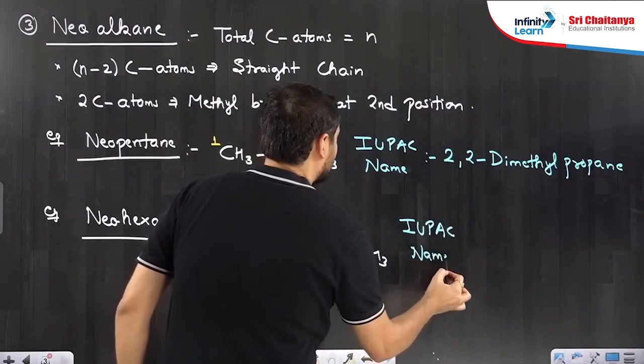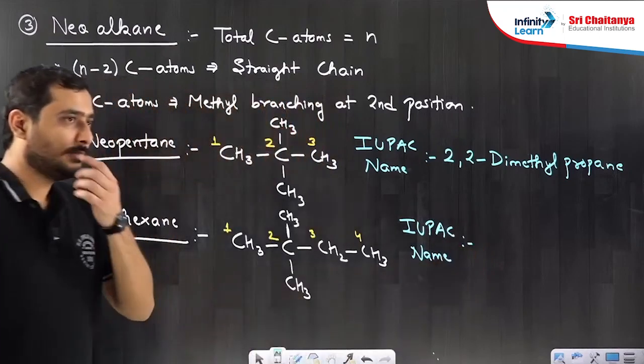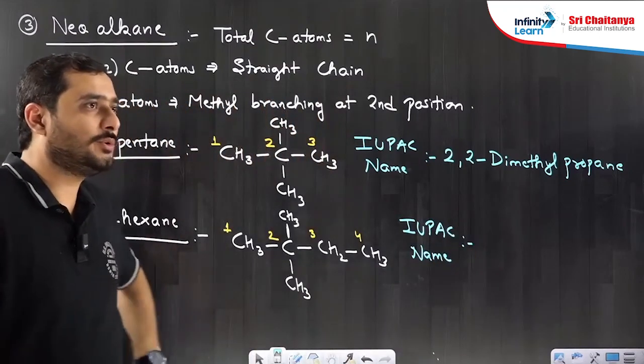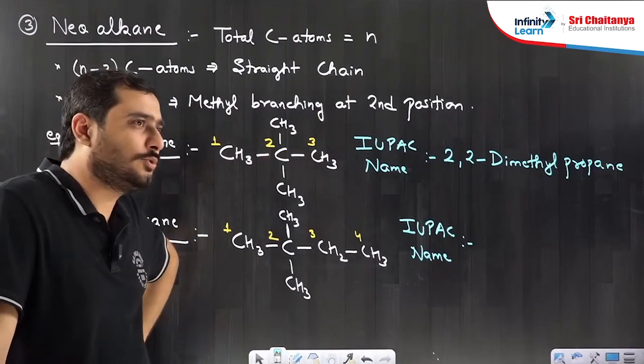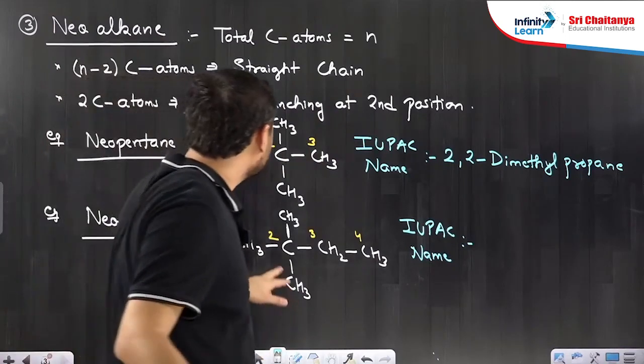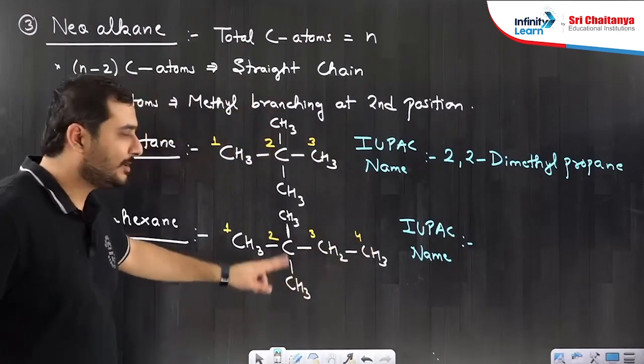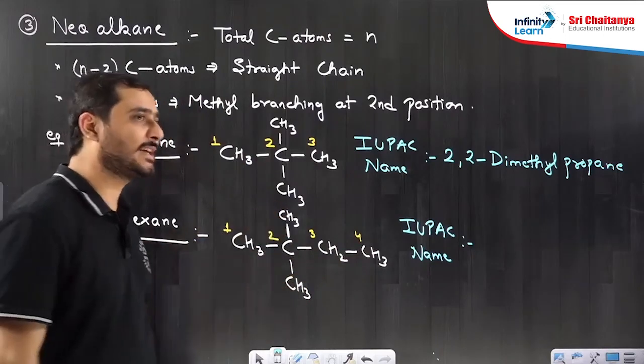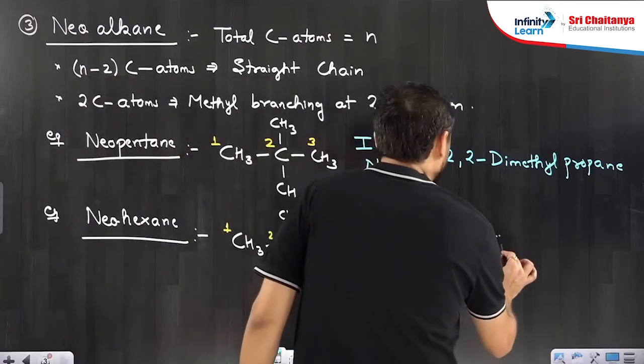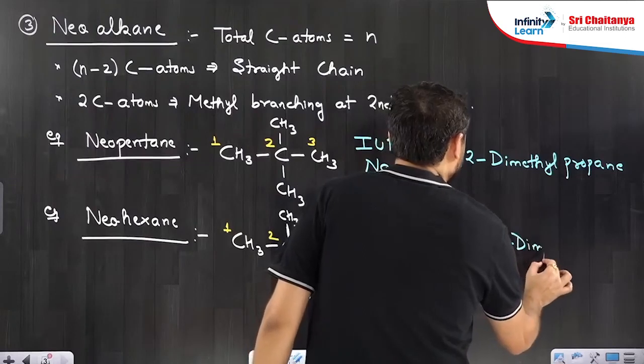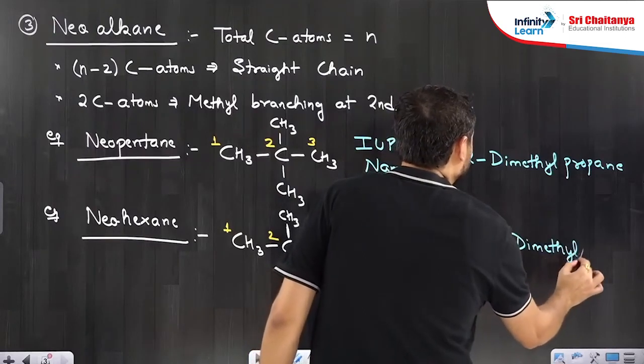For neohexane, tell the IUPAC name for neohexane. Good, 2,2-dimethyl butane. And in total how many carbon atoms? 4. 2 methyl branching is present at which position? Second position. So it is 2,2 dimethyl. For 4 carbon atoms, what is the word root?